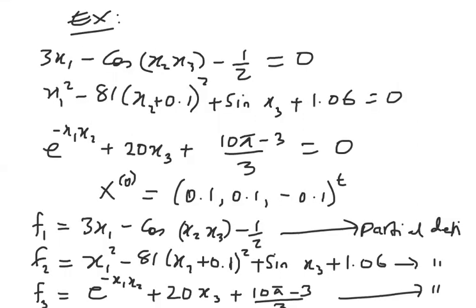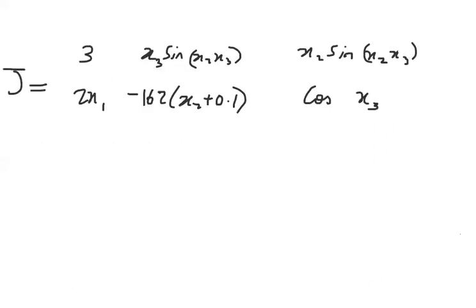So I would be finding those partial derivatives of f3 with respect to x1, x2, and x3. So looking at this expression, if I differentiate with respect to x1, I will have minus x2, then e to power minus x1 x2. Okay, so this will just give me minus x2, then e to power minus x1 x2.